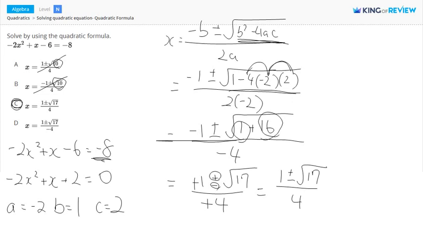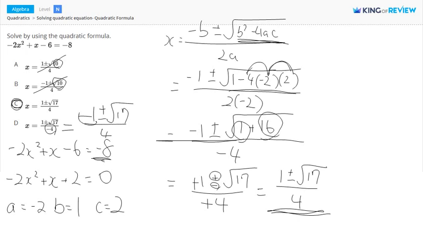What about option D? It says 1 plus or minus square root of 17, but with a negative 4. Now, this is going to be different from what this says, because if you simplify that, and if you multiply out a negative, this is going to equal negative 1 plus or minus, and multiplying a negative, so that's not going to change anything, plus or minus square root of 17 over 4.